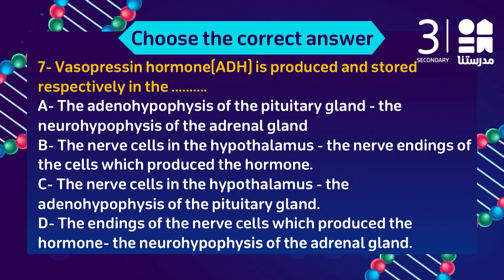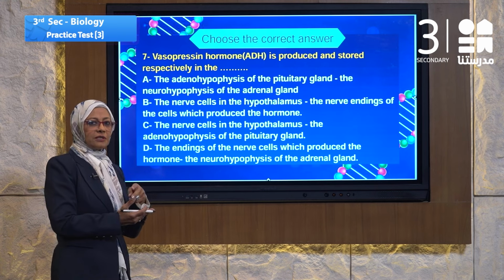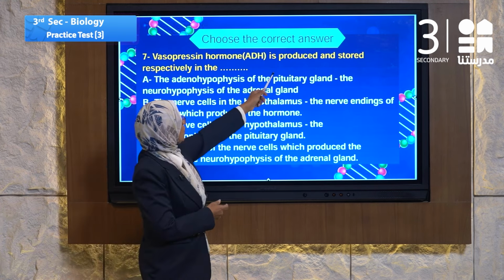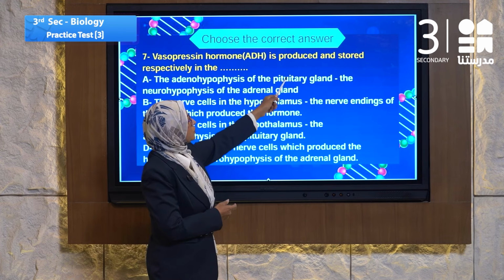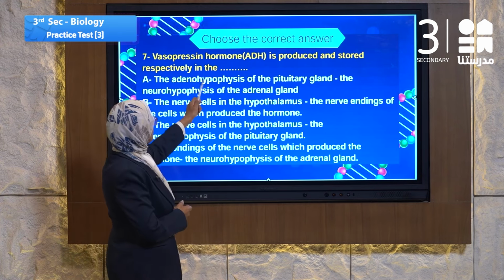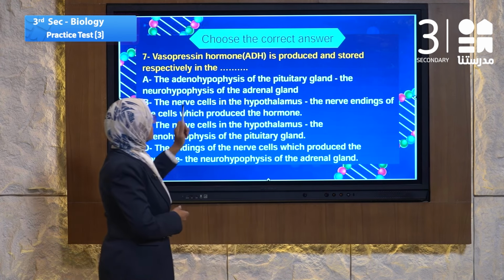It is produced and stored respectively in the... So there are 2 points we must discuss. The first is where ADH is produced, and the other is where it is stored.